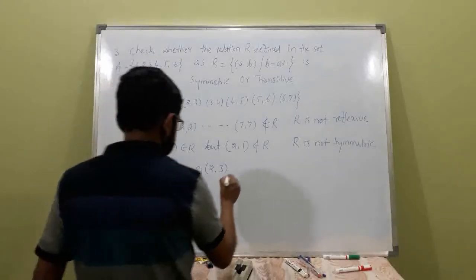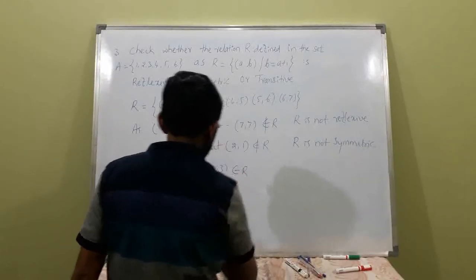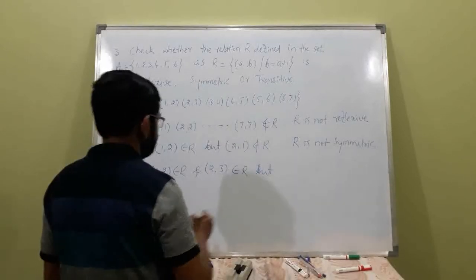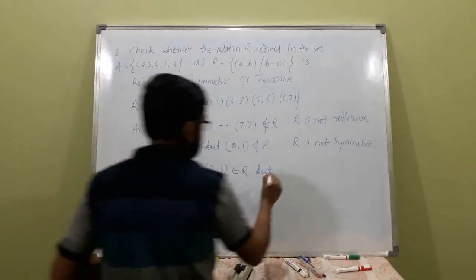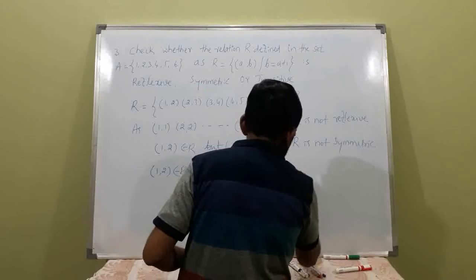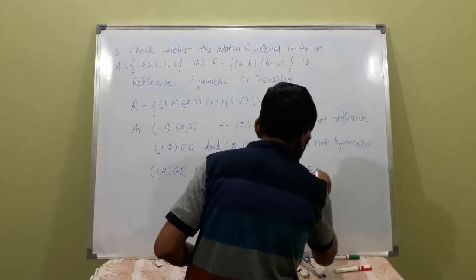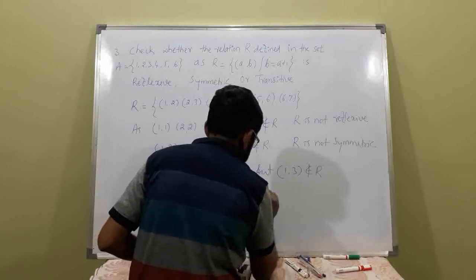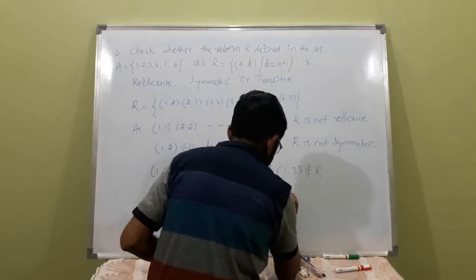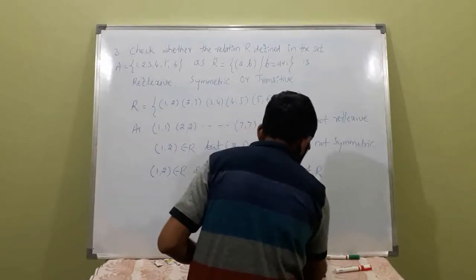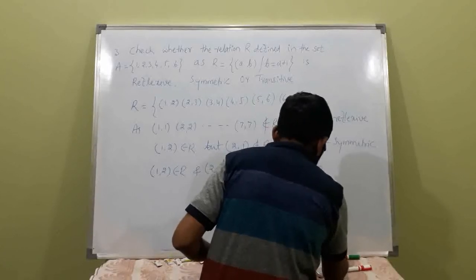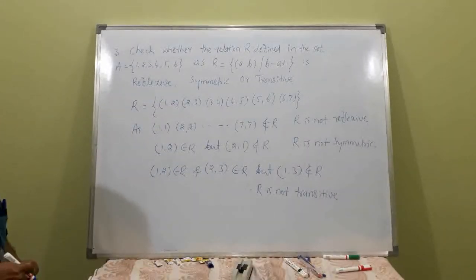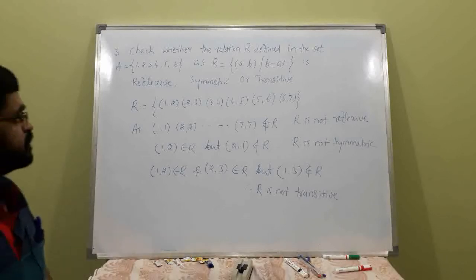These belong to R, but this does not imply (1, 3) belongs to R. (1, 3) does not belong to R. Therefore, R is not transitive. Is it okay? So simple. Take it down.